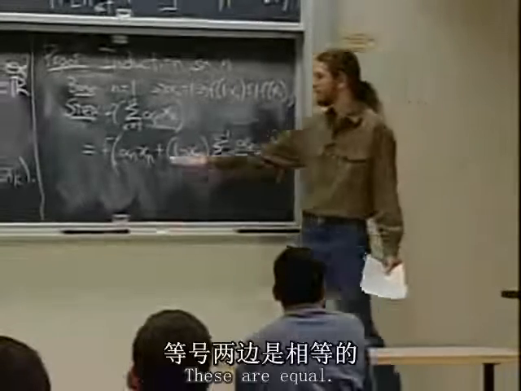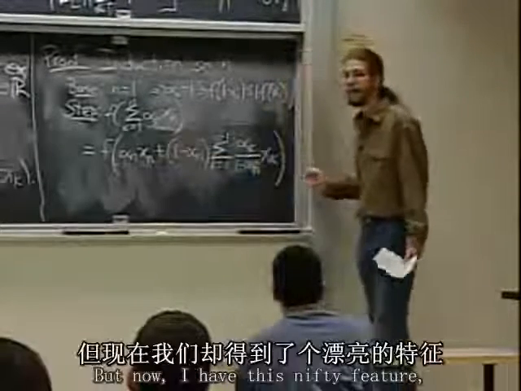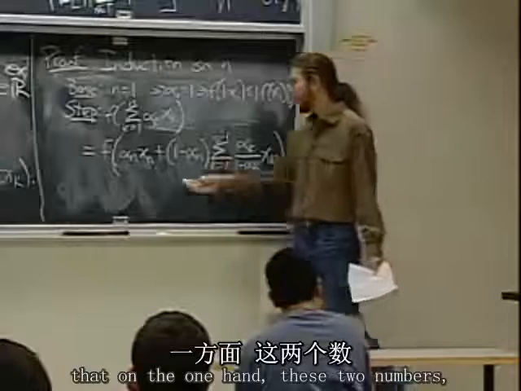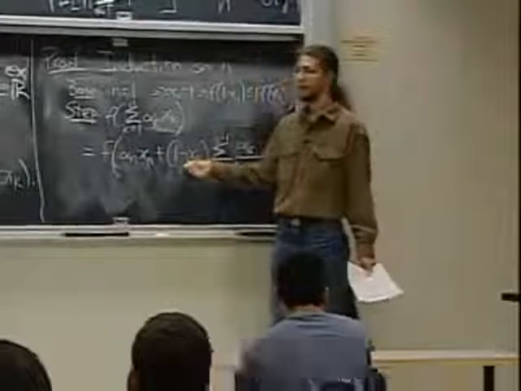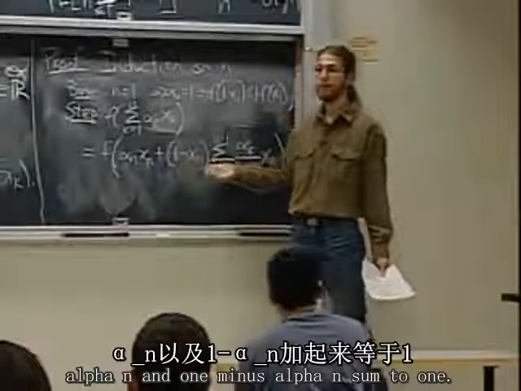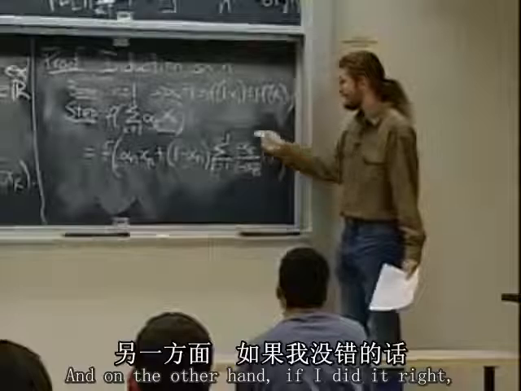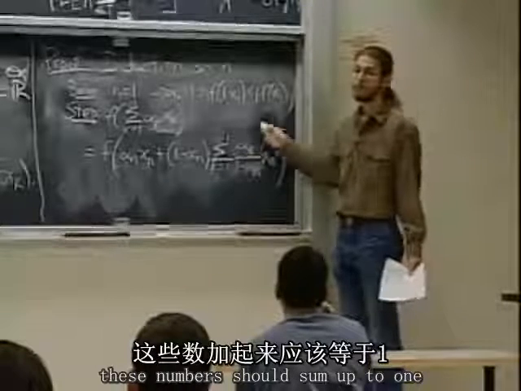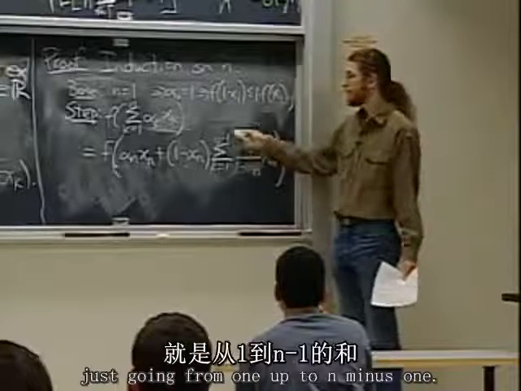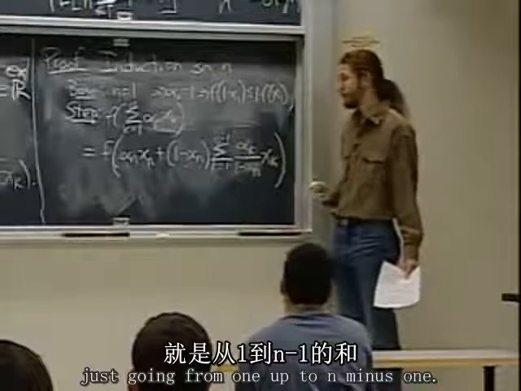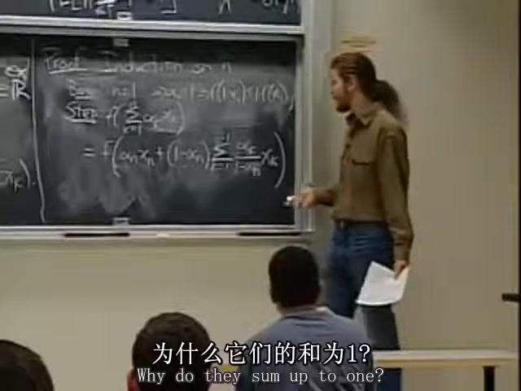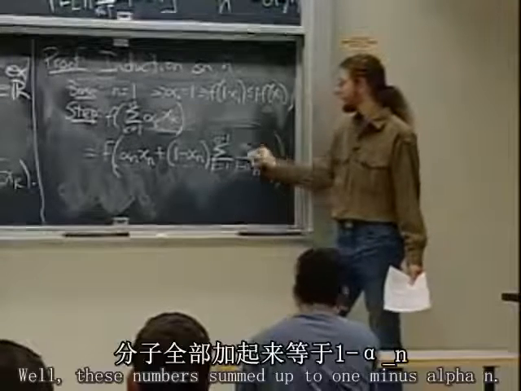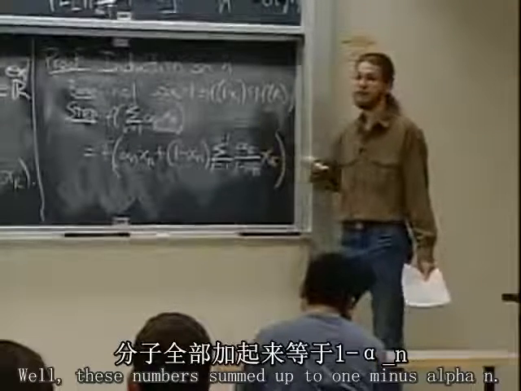So I haven't done anything here. These are equal. But now I have this nifty feature that on the one hand, these two numbers, alpha n and 1 minus alpha n, sum to 1. And on the other hand, if I did it right, these numbers should sum up to 1, just going from 1 up to n minus 1. Why do they sum up to 1? Well, these numbers summed up to 1 minus alpha n.